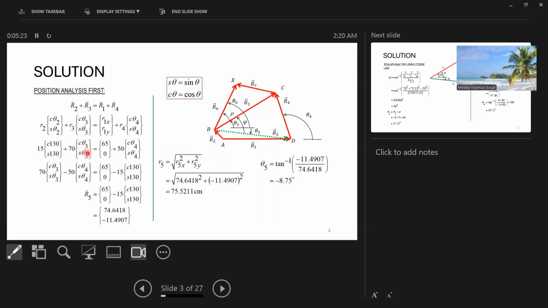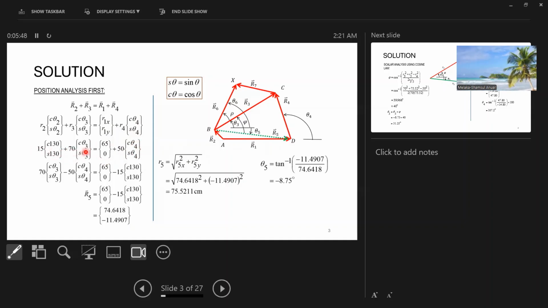So theta 3 is not known yet, but theta 3 will be in the form of cosine and also sine. Then R1, we get 65 only in the x direction. And then R4 is 50, and theta 4 is not known. So these are the two unknowns.